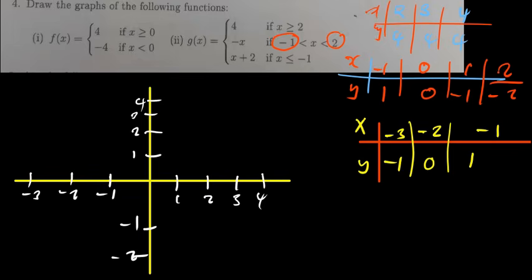So I'm going to start with my first graph using these coordinates. The condition was x should be greater than or equal to 2. At 2, 4, it is included because it is greater than or equal to.